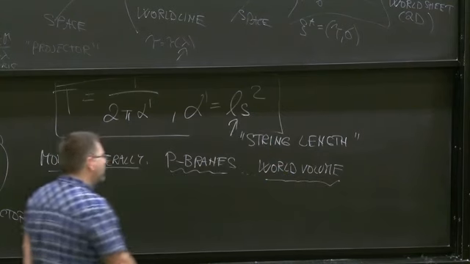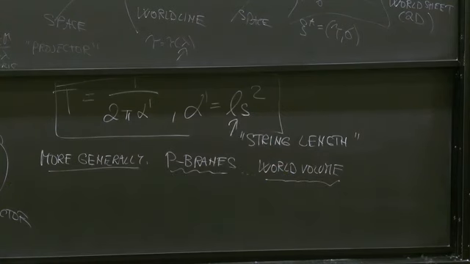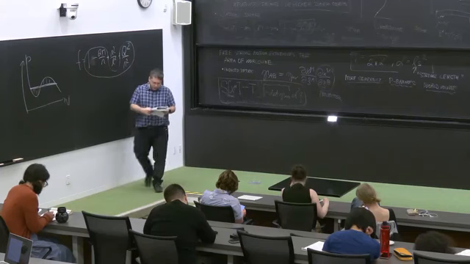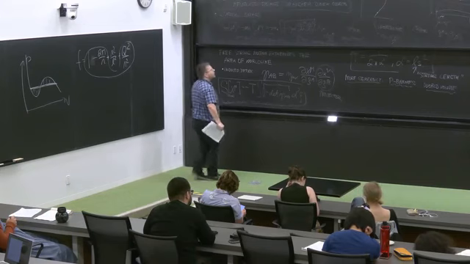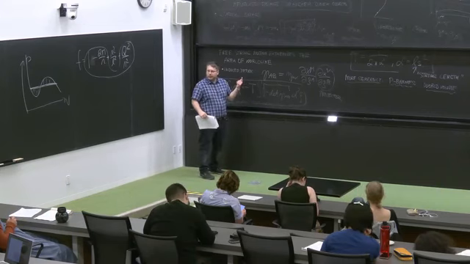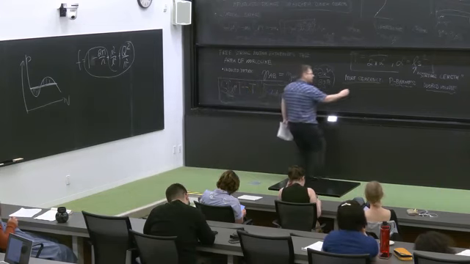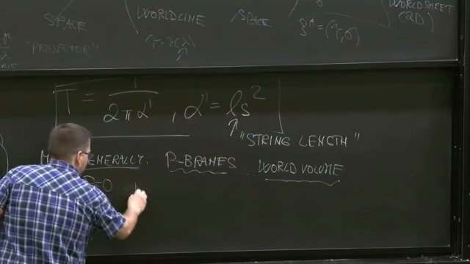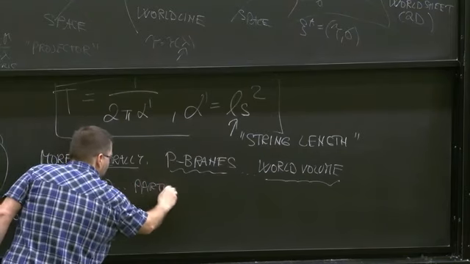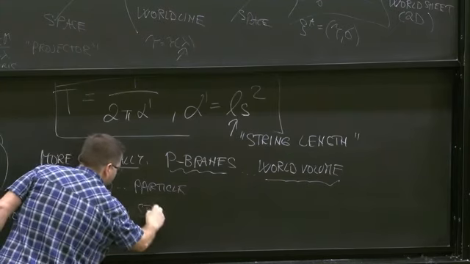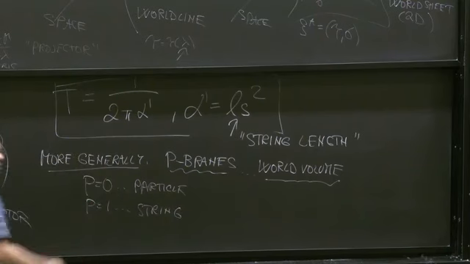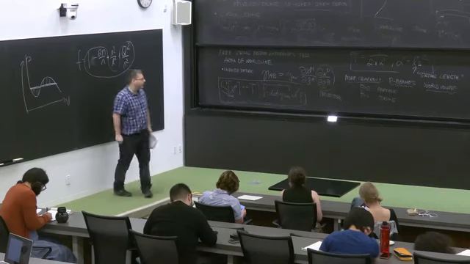If you have p-branes, p stands for the number of dimensions. If p equals 0, that's the particle. p equals 1 is the string. p equals 2 would be a two-dimensional brane, and so on.